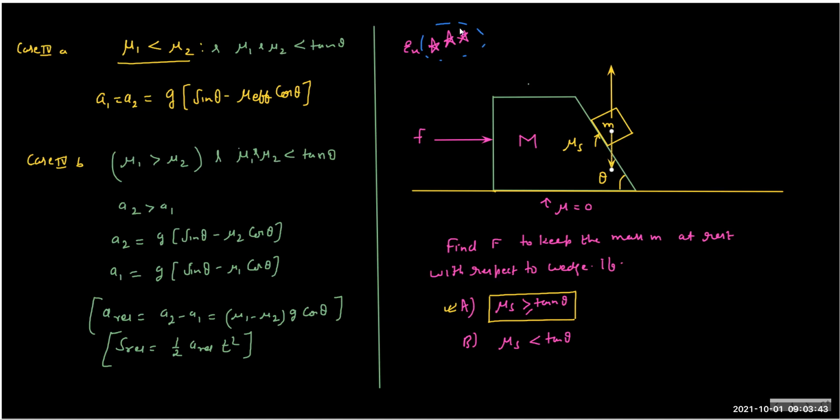So if you think about Newton's third law, this is R, this is mg. So R is acting on the block upward. So as per Newton's third law, the R will act on the wedge downward. Understood?